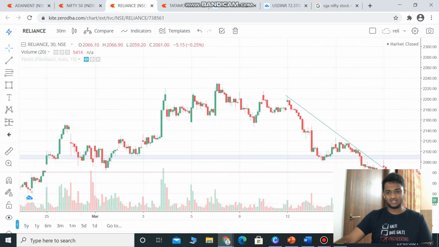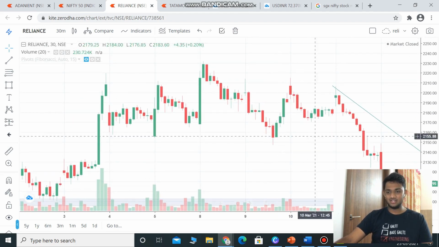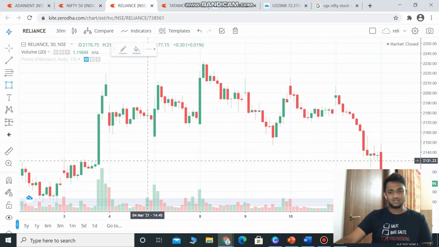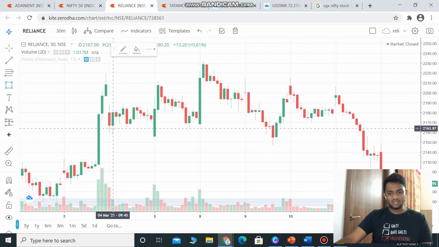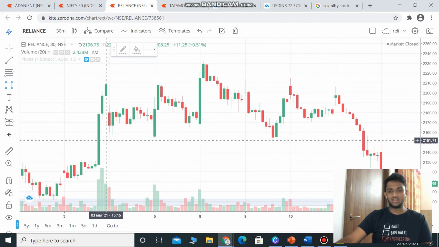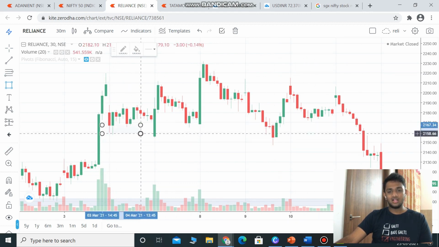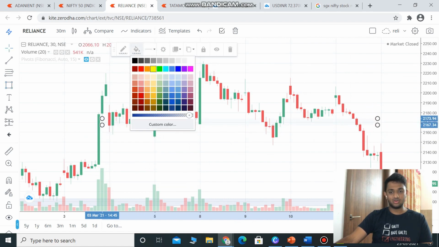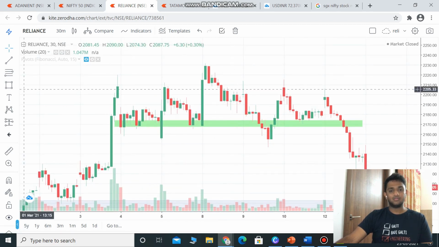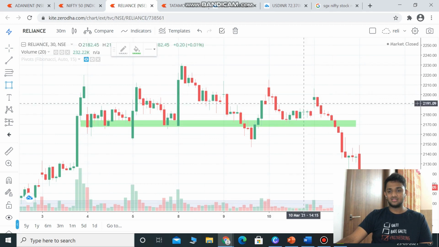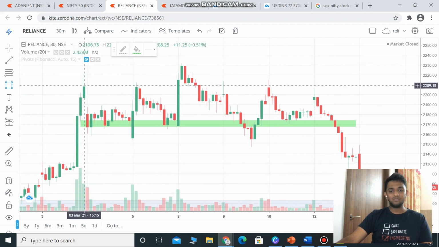If you consider this line, you can see there is a lot of support found here. The stock has gone above these lines. So what I'm going to do is start drawing this as my support zone. I'll indicate it in green, and then resistance, I'll mark in red, where people are trying to sell.